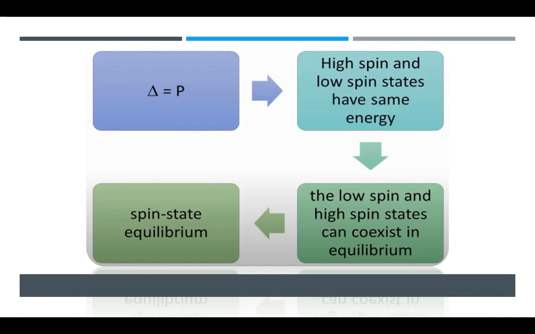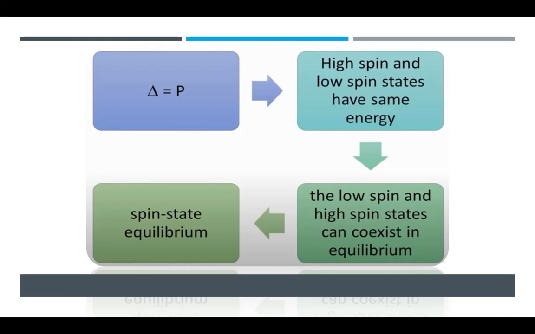These high spin and low spin states of an octahedral complex will have the same energy when delta equals P. If in a coordination complex, the crystal field splitting is close to the delta equals P value, then the energy difference between the two spin states of the complex will be in the range of thermal energy kT.